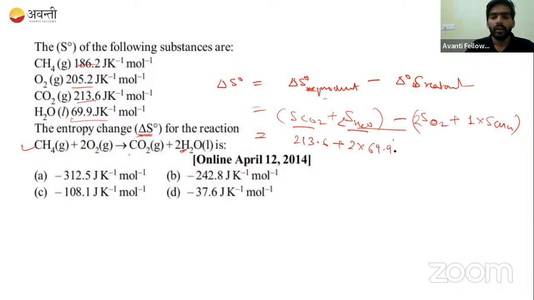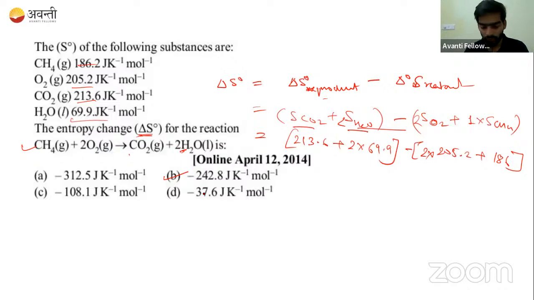Then minus 2 multiplied by O2 gas, which is 205.2, plus CH4, that means 186. I think you will get the answer as minus 242.8 joule per Kelvin per mole.